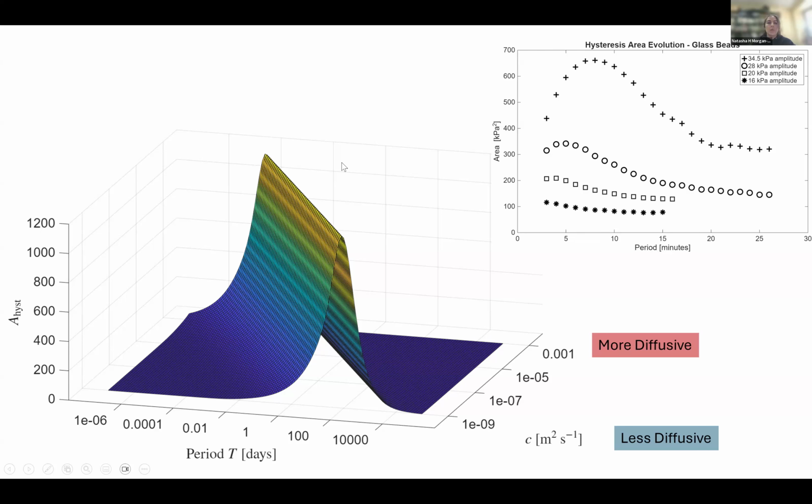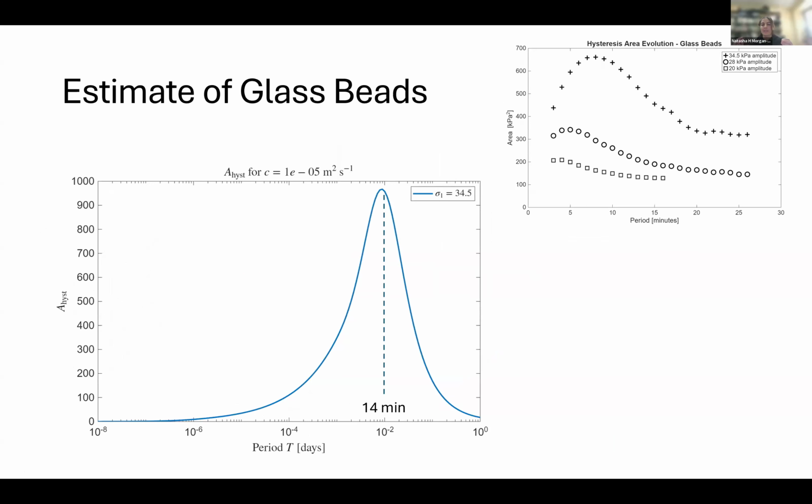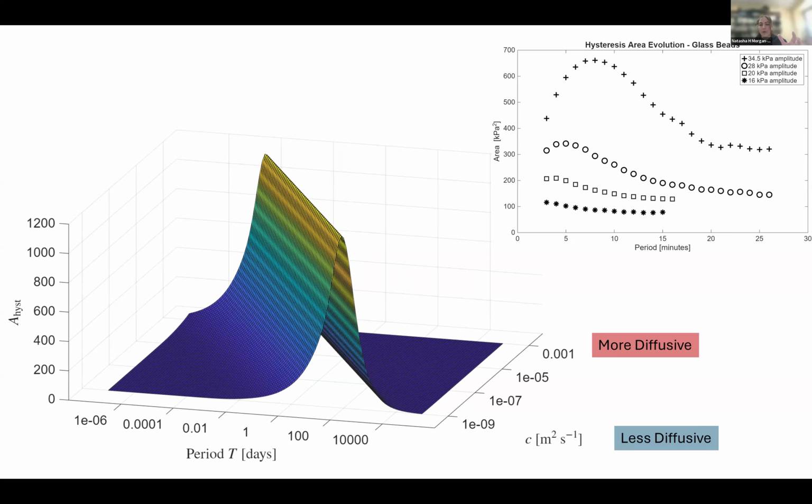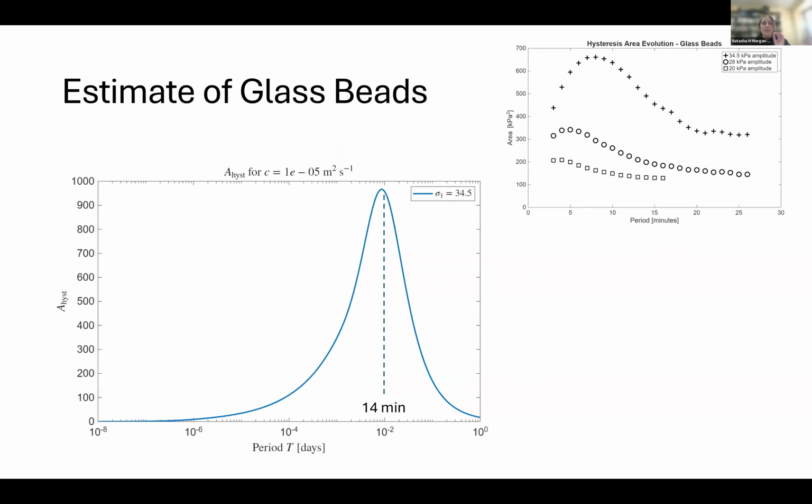If we look at the back of the glass beads data, to the top right, we can see this general trend exists with all the conditions that we find in our analytical model. Another way to look at this is to take certain conditions out of this model: not showing all the different coefficients of consolidation, selecting one that's a good estimate for the glass beads, and then seeing how it varies under different conditions.